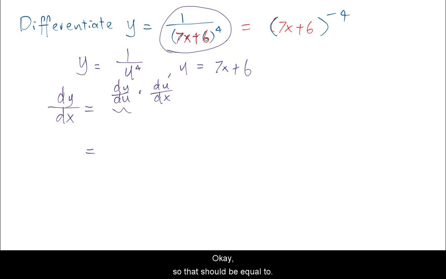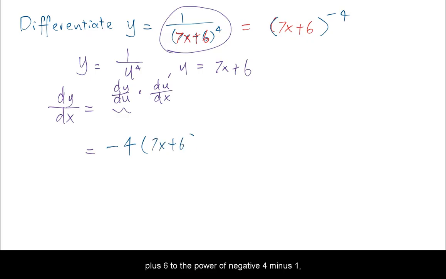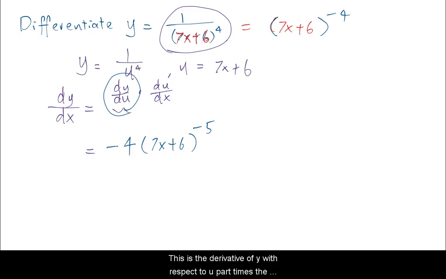So that should be equal to, first of all, that's -4 times (7x plus 6) to the power of -4 minus 1, which is -5. Right? This is the derivative of y with respect to u part.